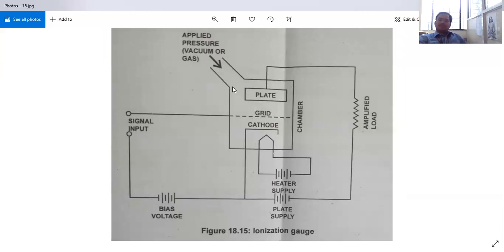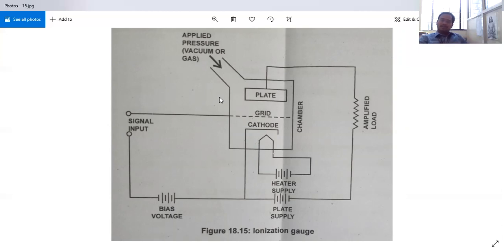The same principle is used here with the gas which is at high pressure. Greater the pressure, greater will be the electrons emitted. Lesser the pressure, lesser will be the density, and lesser will be the electrons emitted.